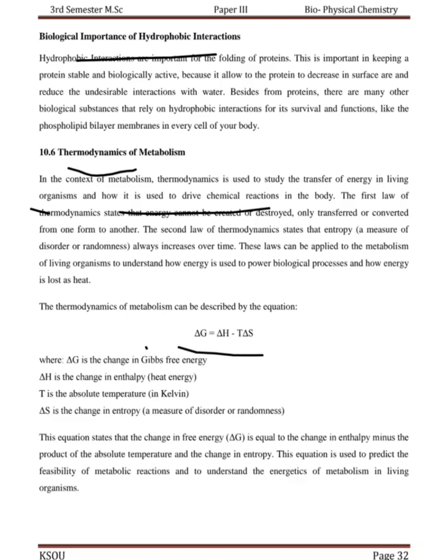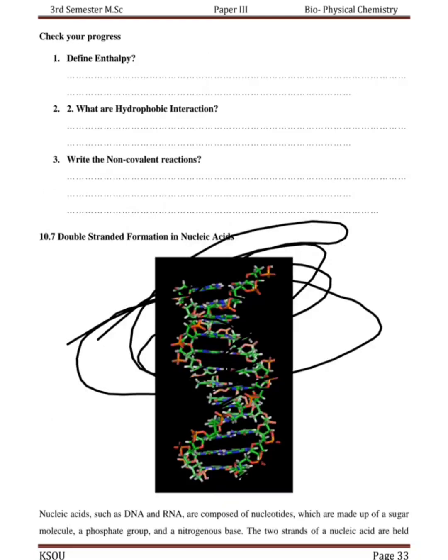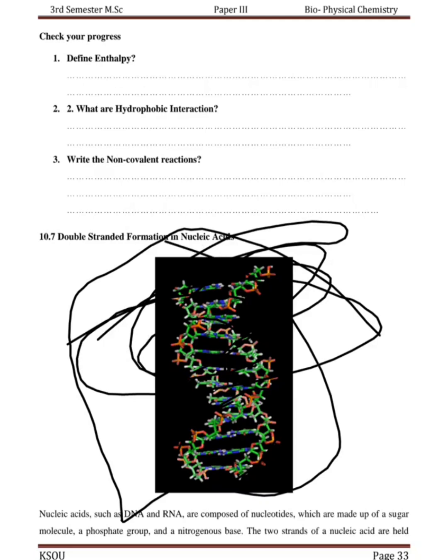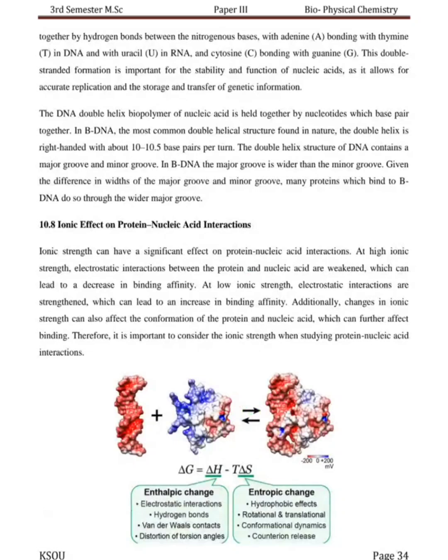These are the basic terms, and this is the double strand formation of nucleic acid, that is, DNA and RNA, made of nucleotides. The double strand formation is important for the stability and function of nucleic acid.